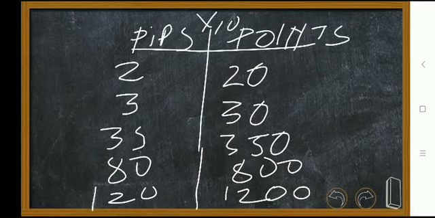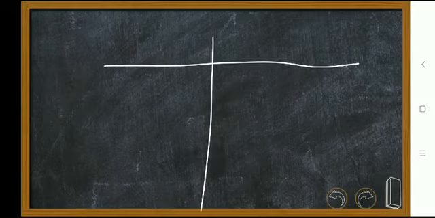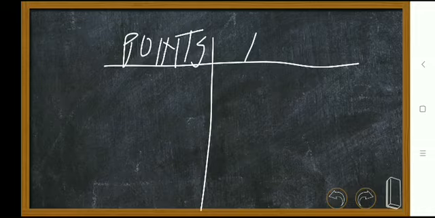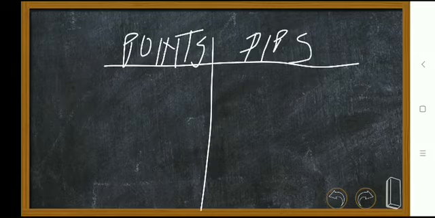It's impossible. It's impossible. So let's go from points to pips. Let's do this. I want you to know both of these things, because you find that there's someone who only knows points but can't figure out pips, or there's someone who only knows pips but can't figure out points.